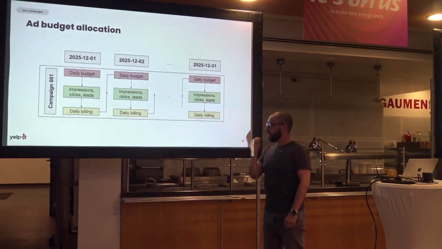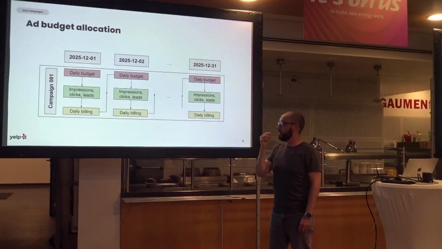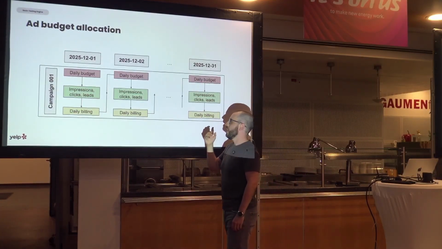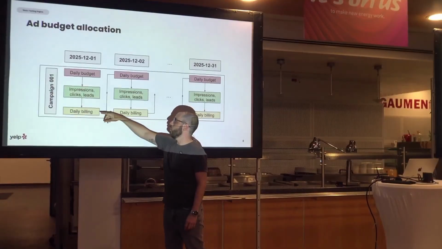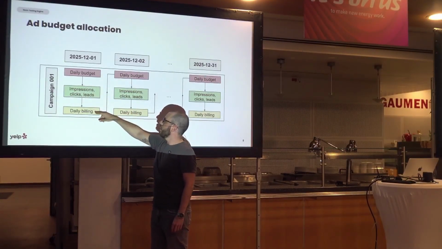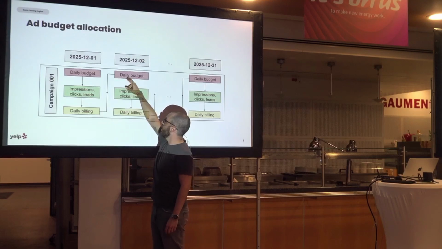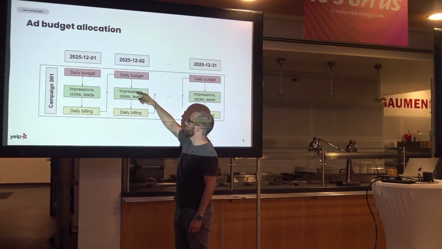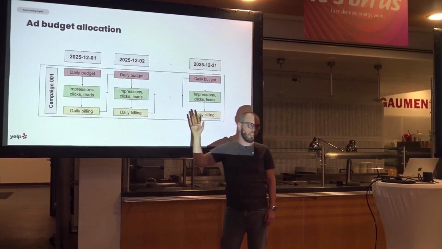So what makes things complicated is the fact that there is a feedback loop, right? Because the decisions that you take on day one will affect what will happen on day two, and so on for the rest of the month.